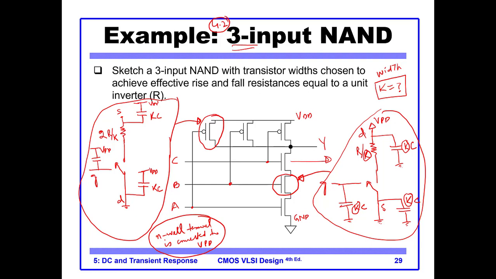We have 3 NMOS. Let me compare it again to the case of an inverter. For an inverter, we had the PMOS and the NMOS, and here is our VN, here is our Vout or output.